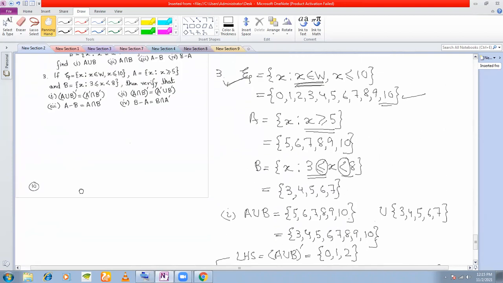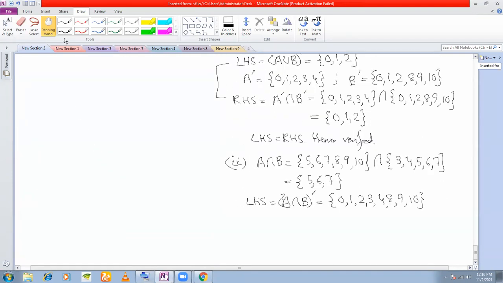And what is the right hand side? A complement union B complement. So let us find the union of the two sets. We already found A complement and B complement in one, so directly we can write RHS is equal to A complement union B complement.